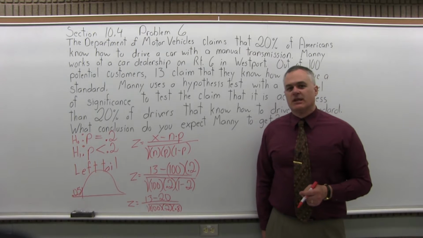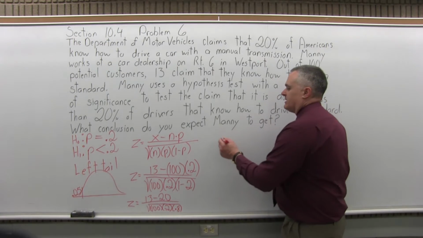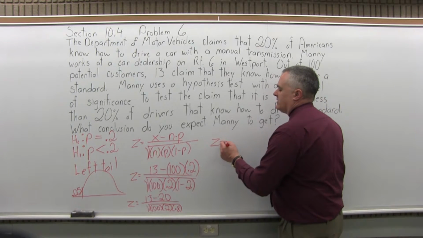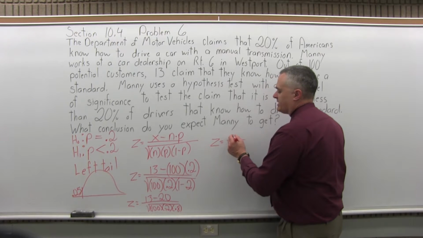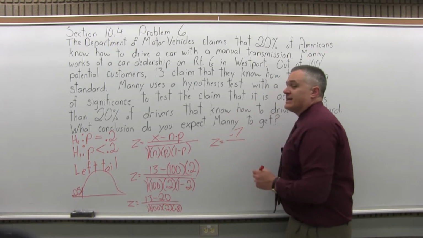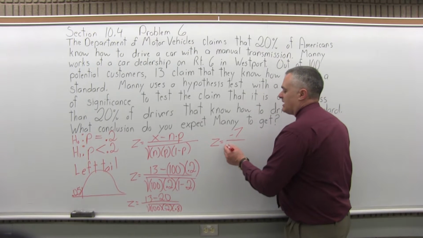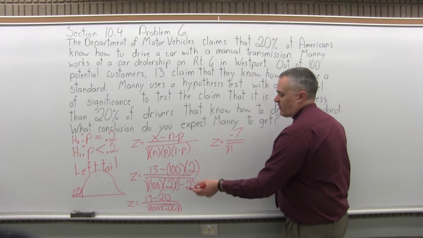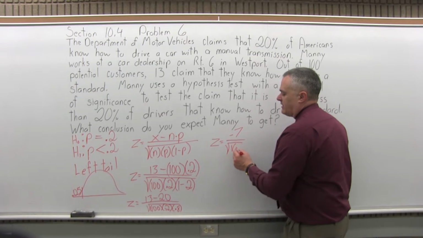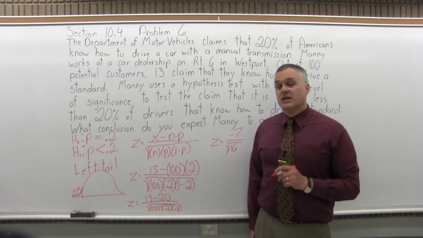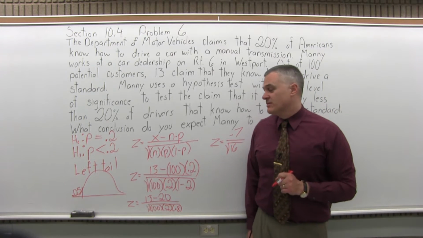Then I'll simplify that a little bit. On the next step, in the numerator, 13 minus 20 is negative 7. Again, pay attention to the sign: not positive 7, negative 7. And under the square root, 100 times 0.2 times 0.8 comes out to 16. But it's still under a square root. Don't forget the square root.